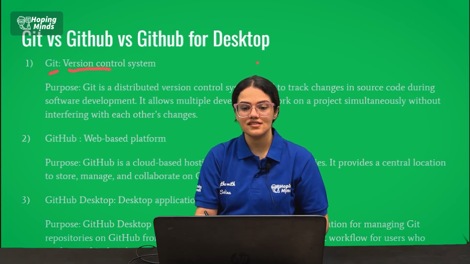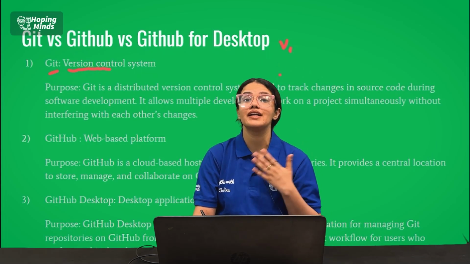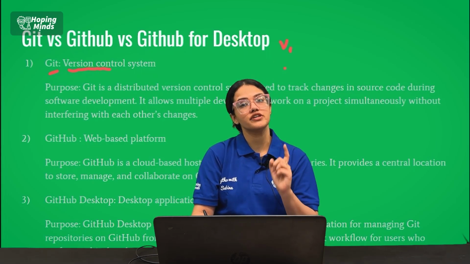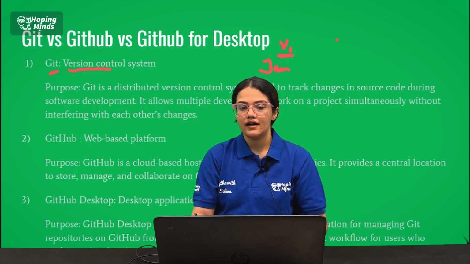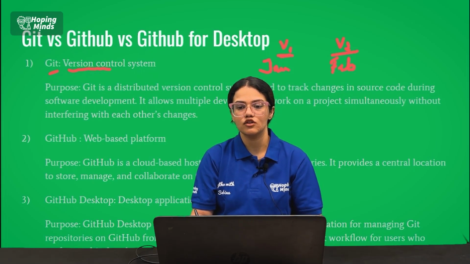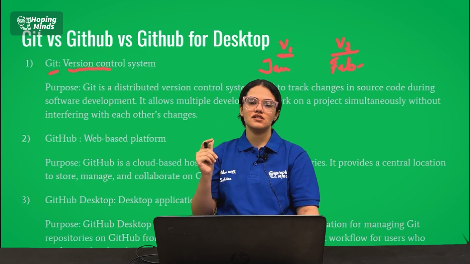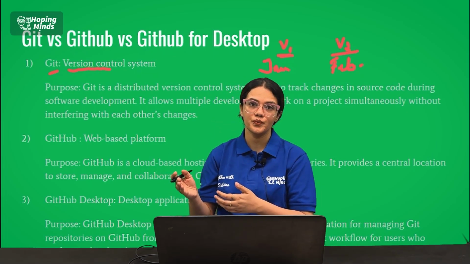Say for instance, this is version 1 of my project. I'm working on some project, and my teammates are also on the project. If I talk about the first version, I completed it in January, right? And this is version 2, which I completed in the month of February. In this one month gap, I added some new features in version 2.